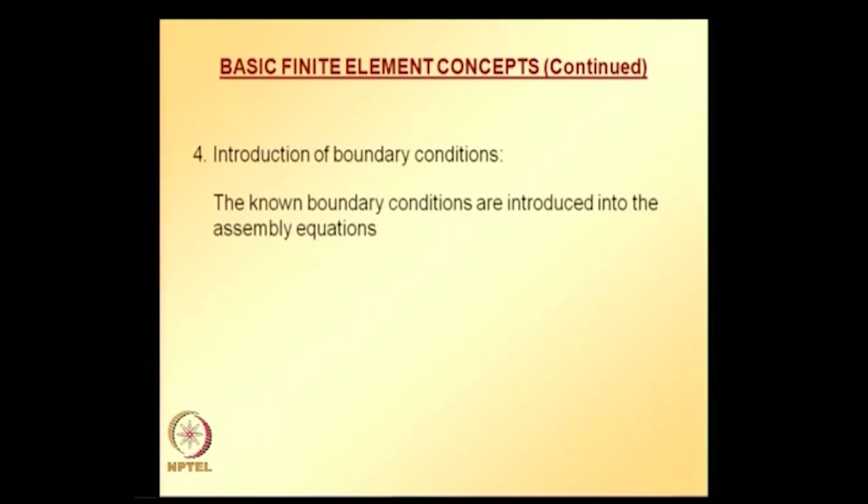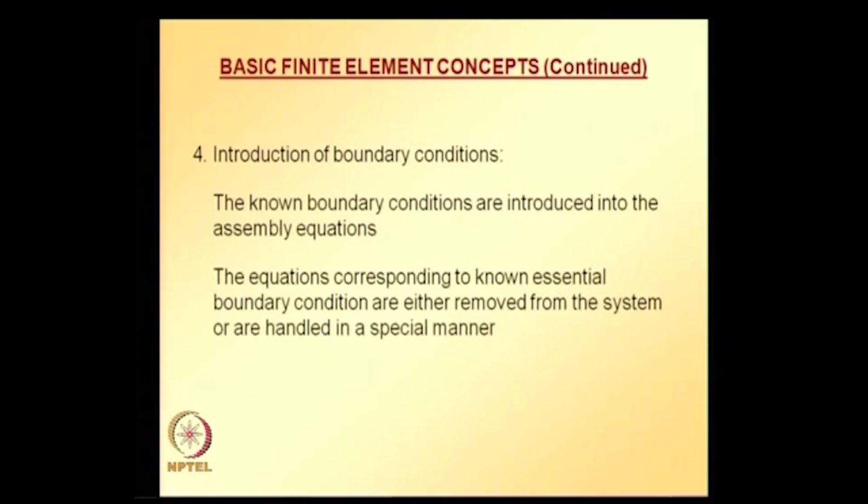As I mentioned, we are going to look at the formal procedure of the finite element technique. After assembling the global equation system, we introduce the boundary conditions. The known boundary conditions are introduced into the assembled equations. Equations corresponding to the essential boundary conditions are either removed from the system or handled in a special manner.